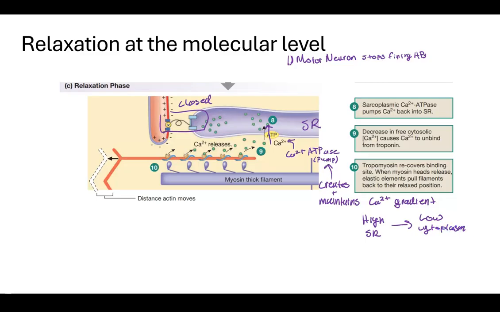So once the calcium has been removed from the cytoplasm back into the SR, the motor neuron is no longer firing, there's no more acetylcholine, all the channels close, troponin and tropomyosin can rebind, right, recovers actin, and myosin can no longer bind to actin. And that's relaxation. Okay, good job with this difficult lecture.